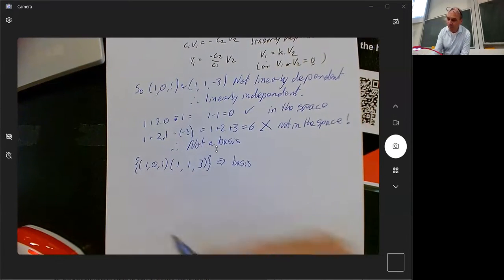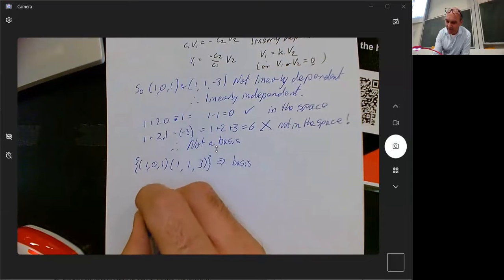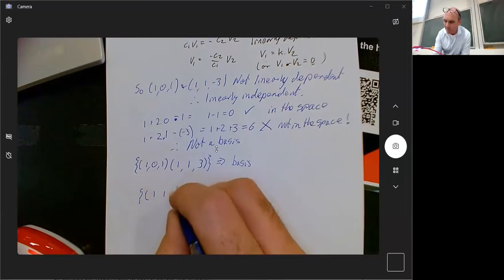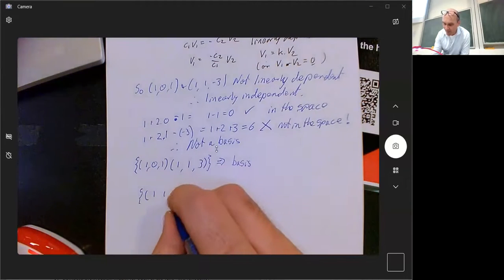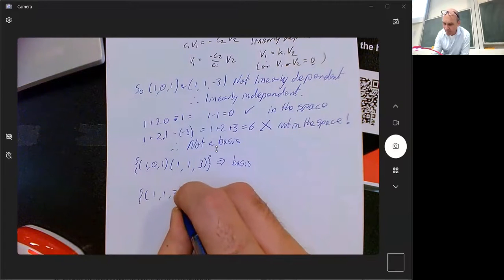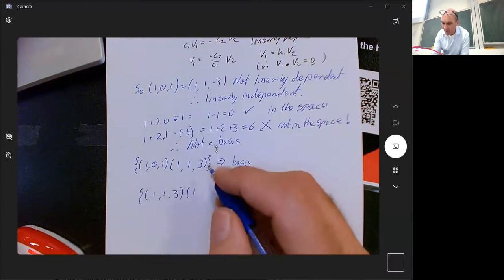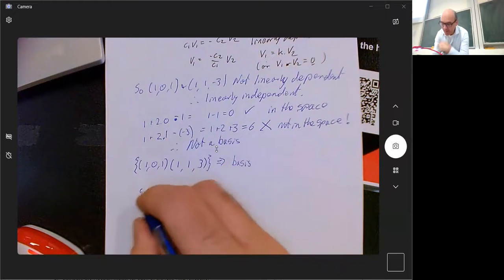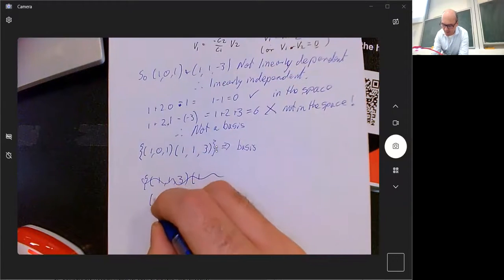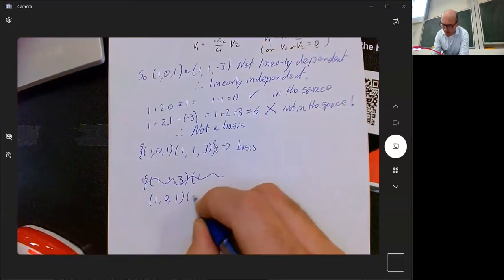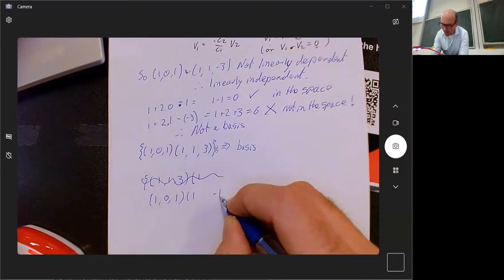So, for example, if I was to take my set of vectors 1, 1, so what did I say? 1, 1, 3, and 1. Actually, I'm going to try again. I'm going to stick with 1, 0, 1, and 1 and minus 1.